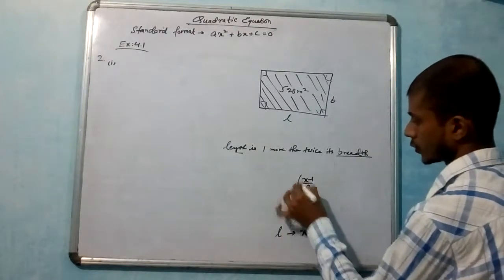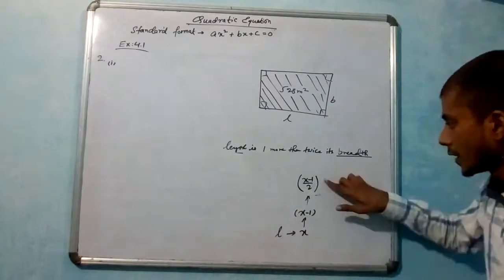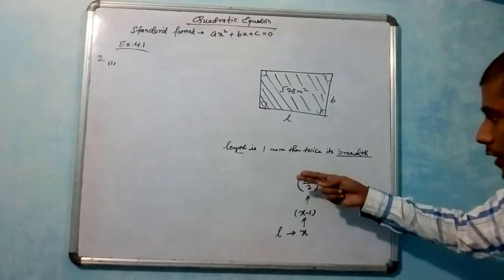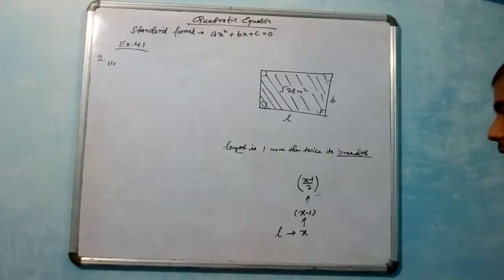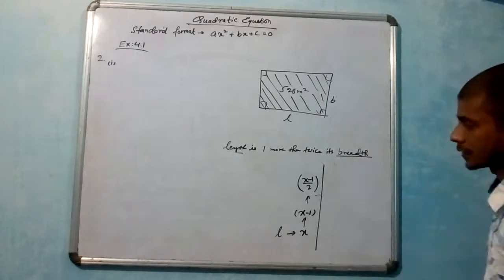This will be the breadth according to the question. So the twice cancels this 2, and the 1 increment cancels this minus 1, and then we will get length.